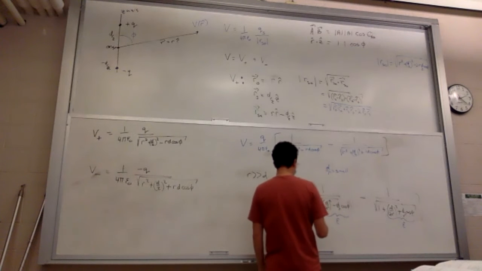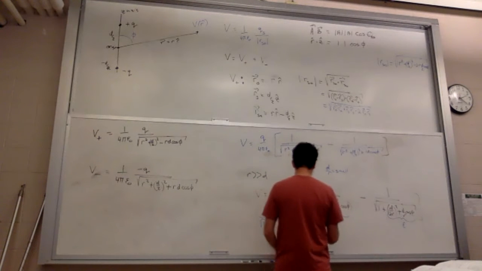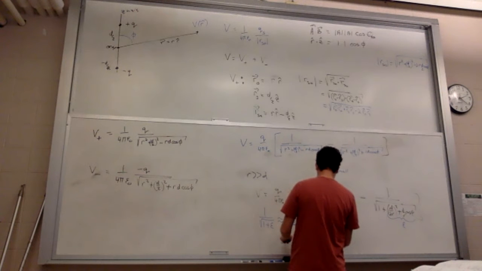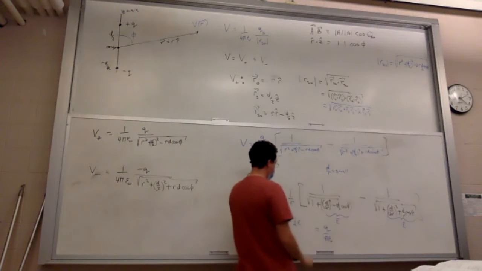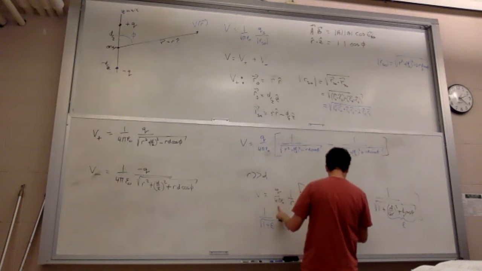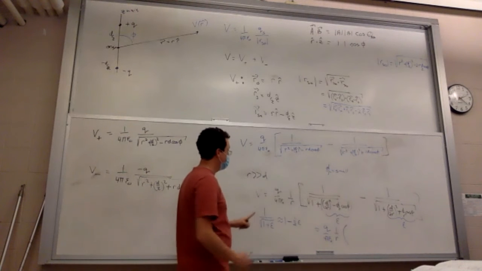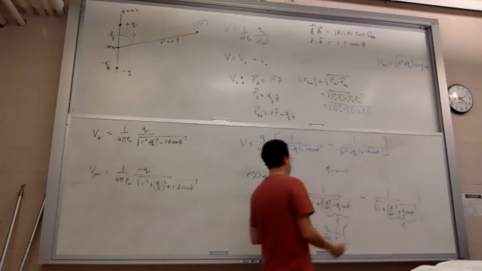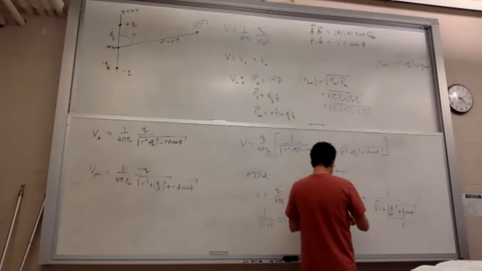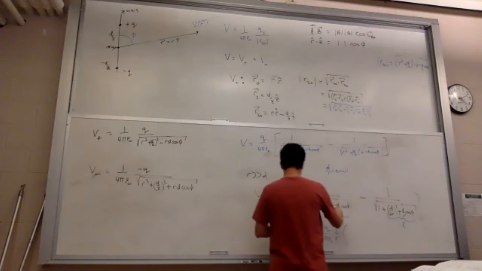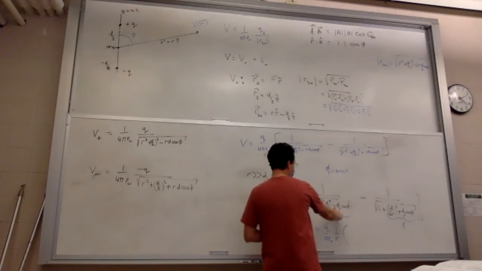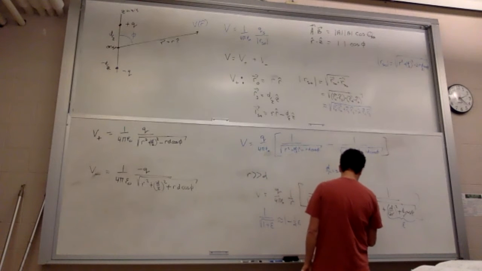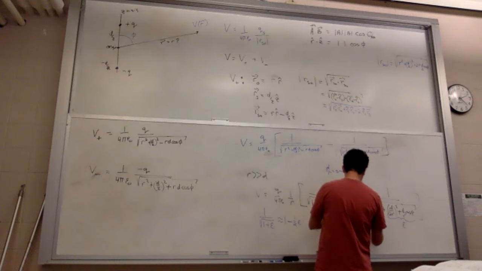When you plug that in, you're going to get Q over 4 pi epsilon naught here, 1 over R. The first term is just 1, so that you subtract and they cancel. And then the first term which survives: you get a minus sign from here, and a minus sign from here, so you get a plus sign, and you get 1/2 D over R cosine phi.